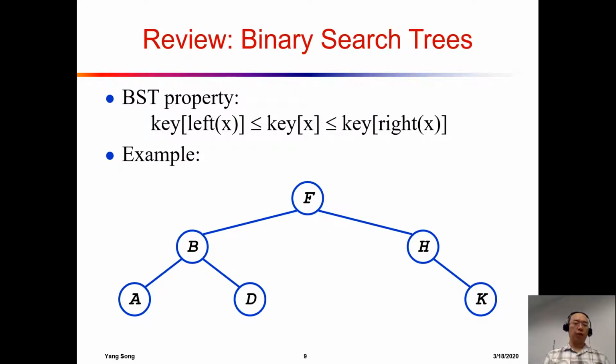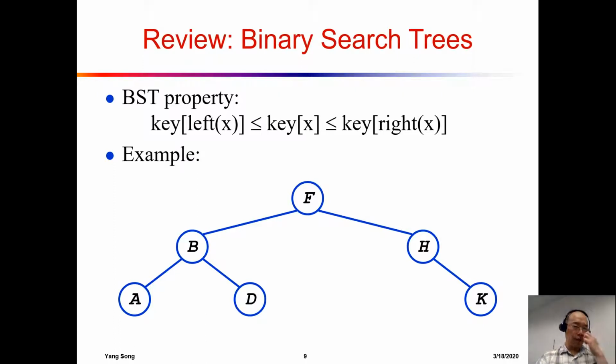For the binary search tree, the important property is that the key of the parent should be greater than or equal to the key of the left child, and it should be smaller than or equal to the key of the right child. So this is the binary search tree property. If you have a binary search tree, this property should be true for all the subtrees.